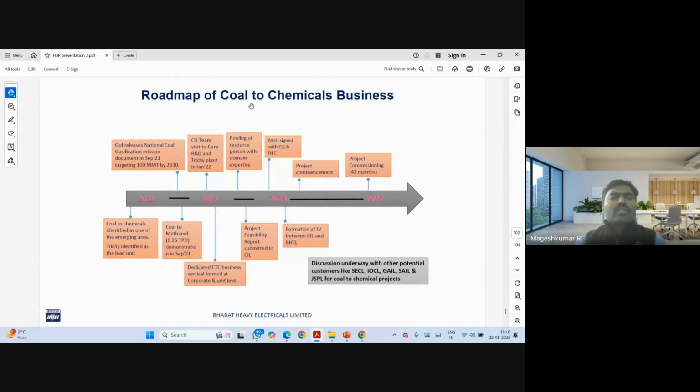So, the roadmap of the coal to chemical business. Based on the National Coal Gasification Mission, BHL is continuously working on various technologies to develop, as well as continuously tying up with various collaborators to supply the entire package by BHL.